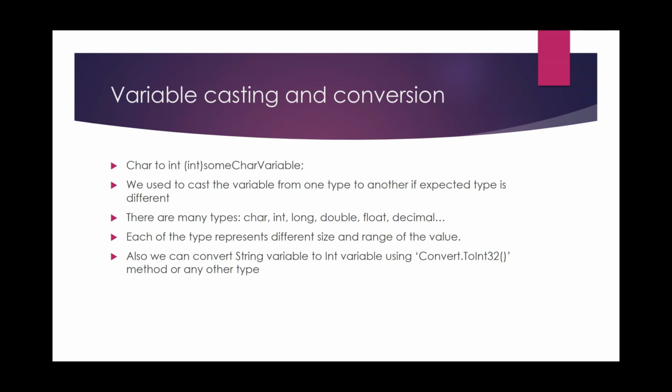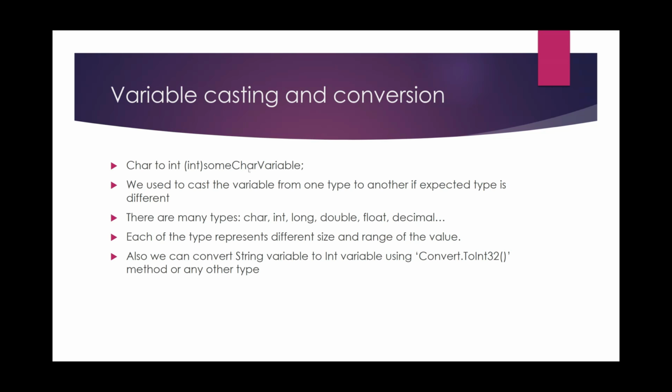I mentioned earlier during this course that we can, and sometimes we have to, convert variable types from one type to another. So in our application we converted an integer returned from user interaction to a character.